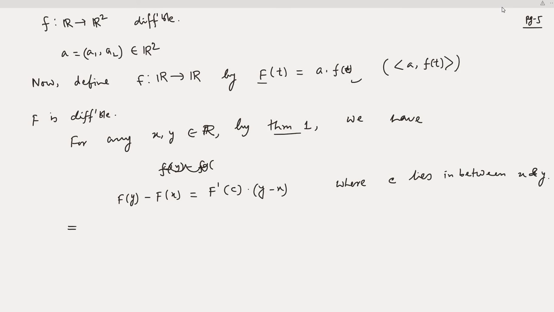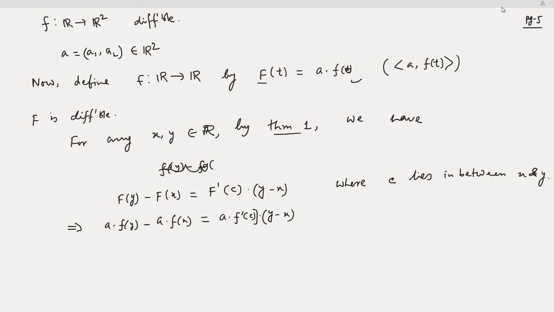So what is this equation? This implies, F of y means a dot product with small f of y, minus a dot product with small f of x, and this is equal to the derivative of big F at c, which is a dot small f prime of c, acting on y minus x.